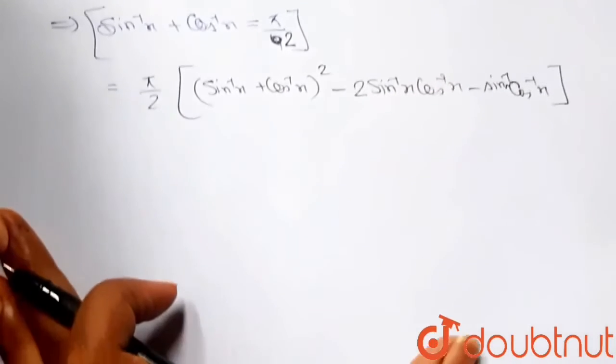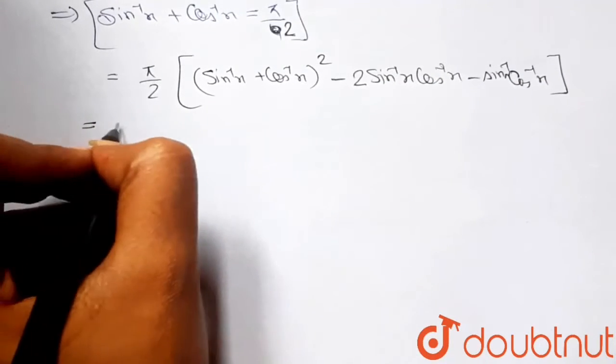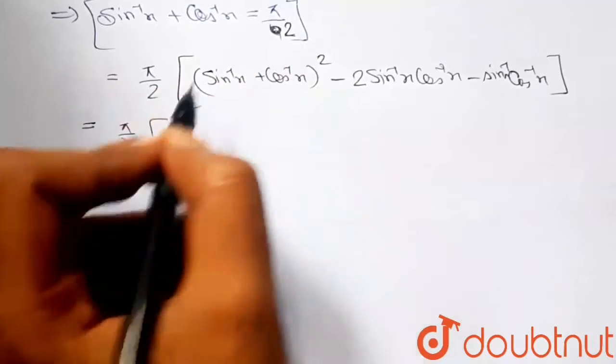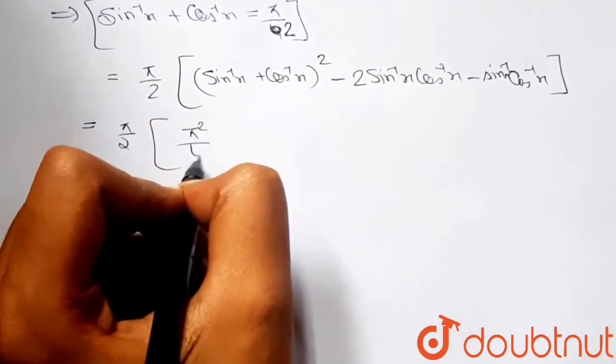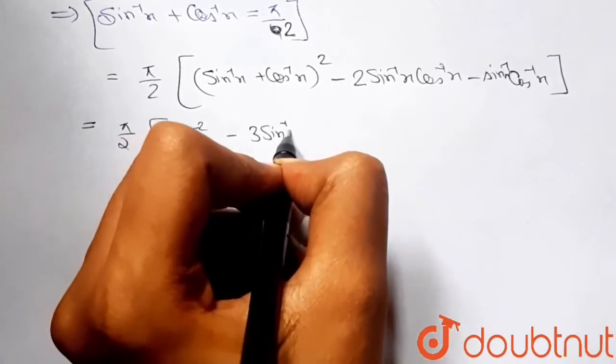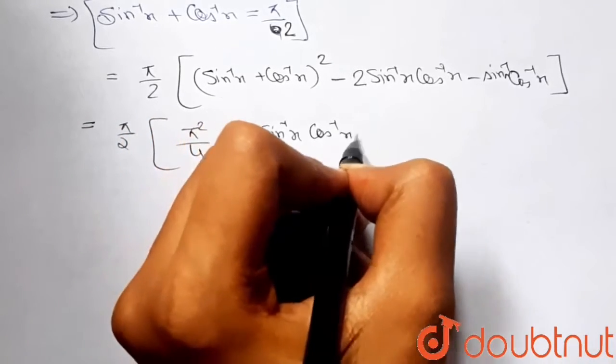So we have this thing now. So on further simplification, this will again become pi by 2, right? So this will be pi square by 4 minus 3 sin inverse x cos inverse x, right?